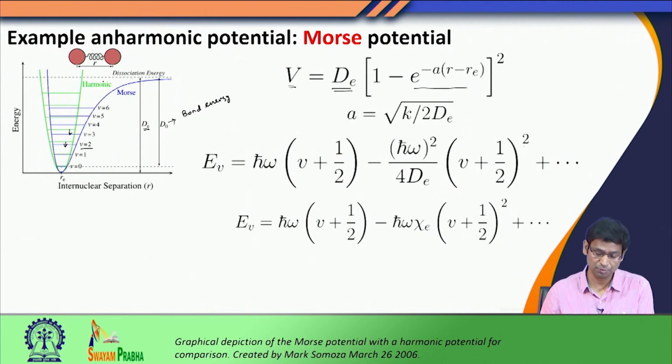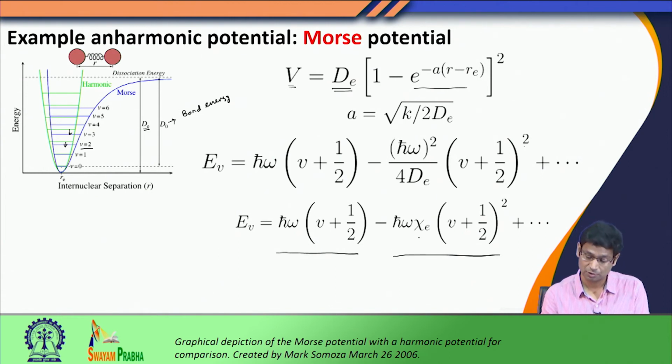Just to keep our discussion as general as possible, we can define this E_V now based on the information that we got from the Morse oscillator. E_V, the vibrational energy level of an anharmonic oscillator, is the energy of the harmonic oscillator term minus some correction term. One generally tries to express it in this fashion, where we have this chi_e, which is called the anharmonicity.